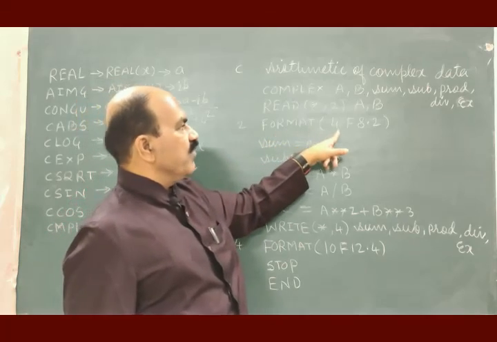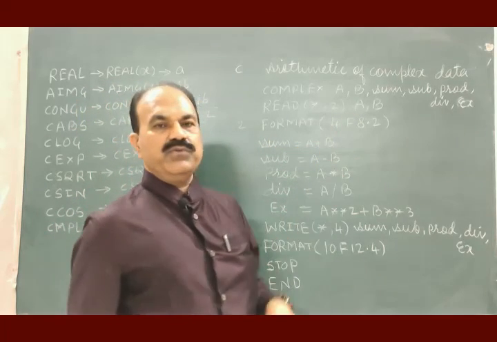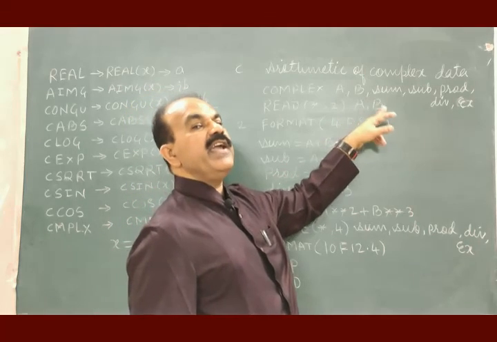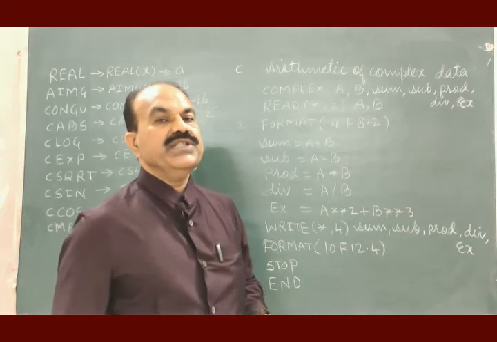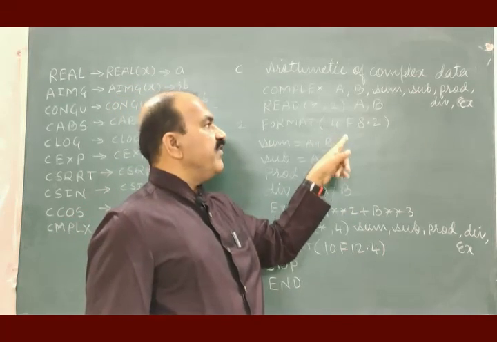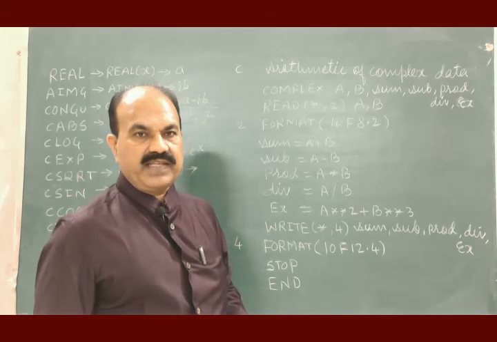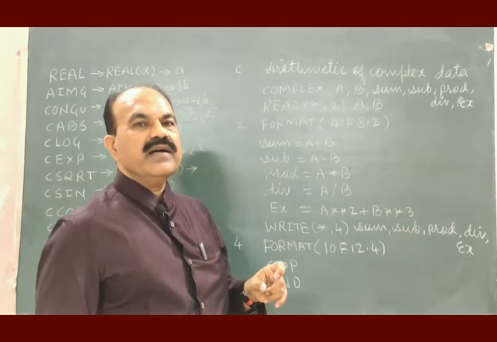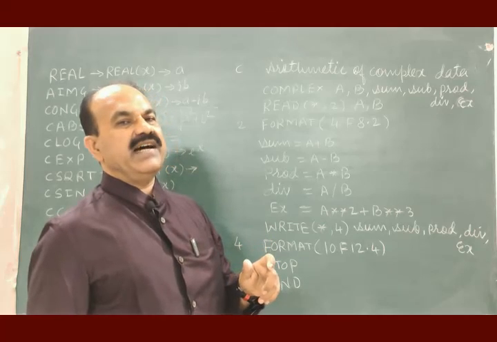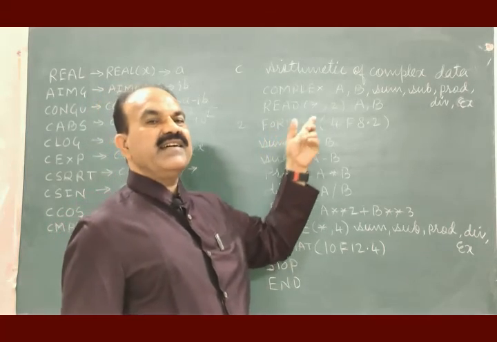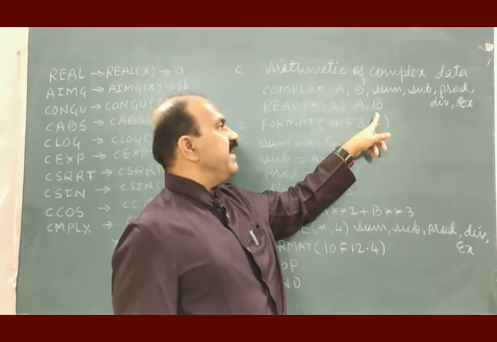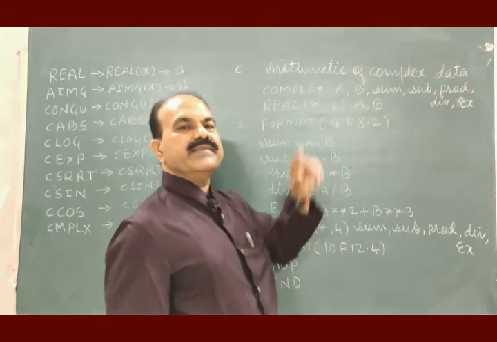This is 4 times f8.2. The real part and imaginary part of both A and B are to be read with format f8.2, which is for the fractional form of real data. And here the real data is the real part and imaginary part of A, and of B.